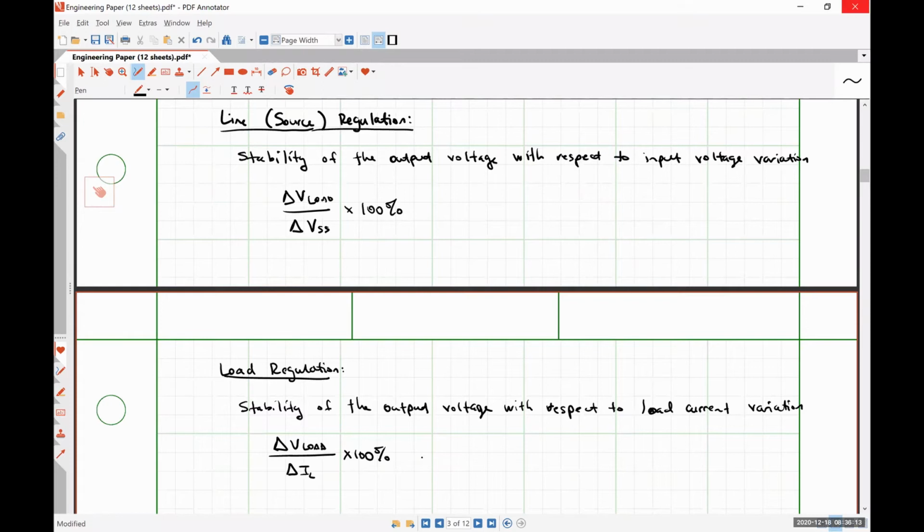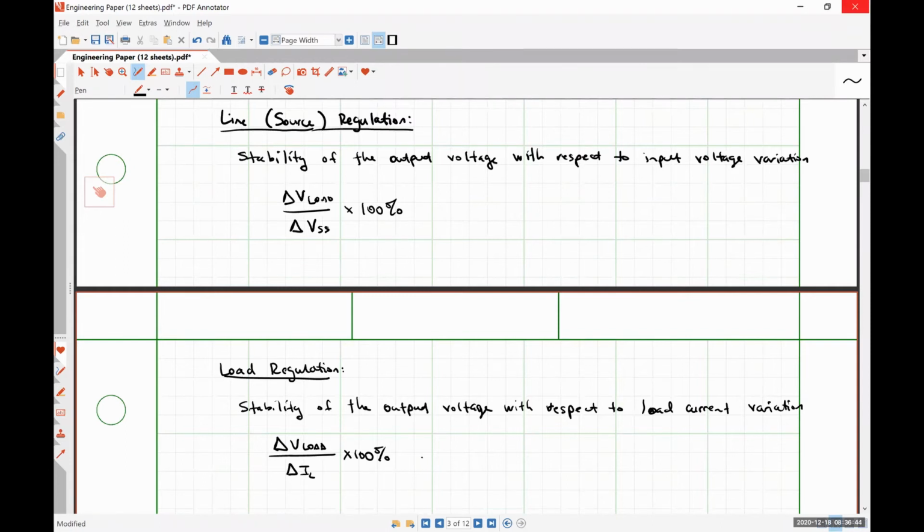So ideally, like in an ideal case, the regulations should be 0%. And what that means is there is no variation in the controlling variable. So if the load voltage doesn't change, which is what we're looking for with a voltage regulator, that's the most ideal situation as possible.